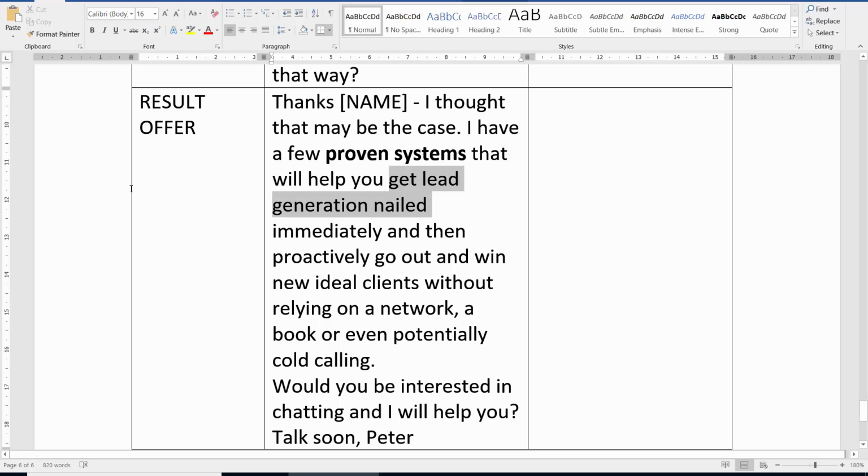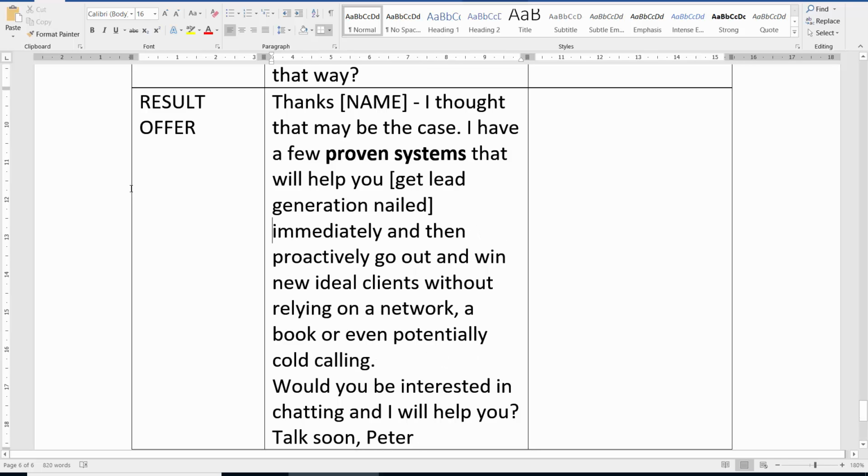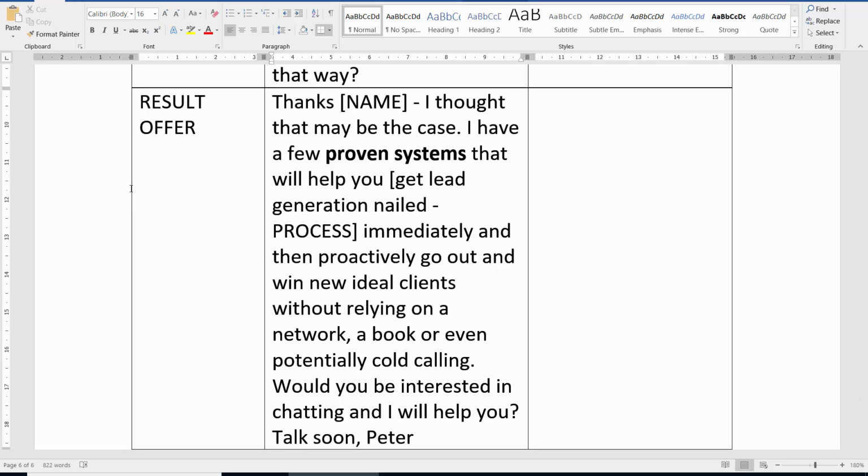For me, I could probably tighten this up. I could even make it better, so I'm doing some testing myself. For me, this is a little bit about a process rather than the results. So I could tighten that up, but it's what you're going to help them with. Remember the pain to the glory exercise. Immediately, and then proactively go out and win your ideal clients.